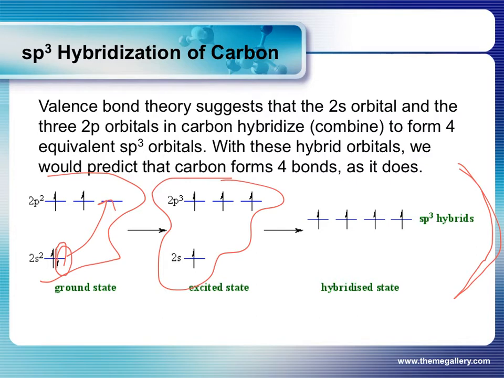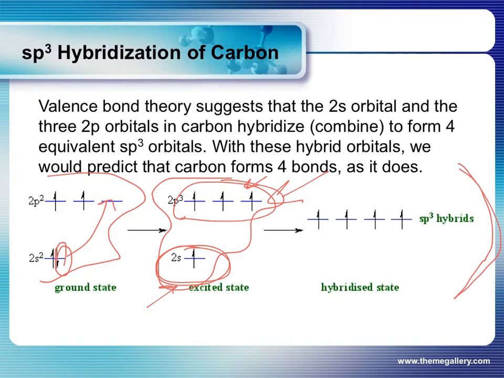The problem with stopping at this part of the theory is that you would expect, if this were the case, that carbon would make 3 identical bonds by pairing the p electrons, and one bond, a 4th bond, that's just a little different because the electron is in an s orbital, or s sublevel, not a p sublevel. However, we know that when carbon makes 4 bonds with 4 identical atoms, all the bonds are equivalent.